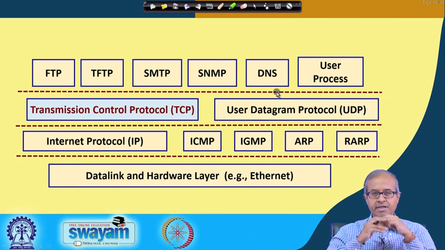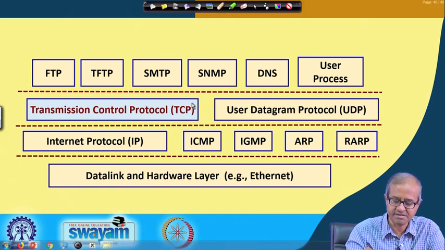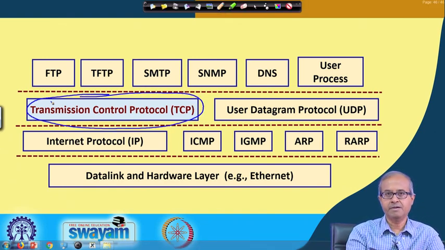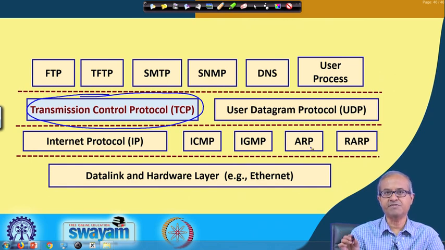Now, you look at the whole TCP/IP protocol family and you can see that TCP sits here. Below TCP there are several protocols at the network layer level where IP is the dominant protocol, and there are a few sister protocols which are there which have very specific purposes.